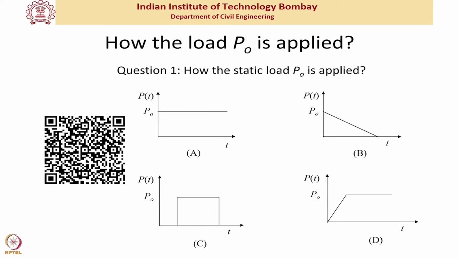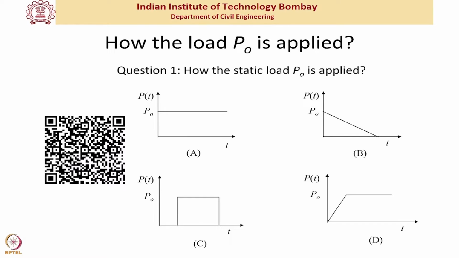You need to select one of these options. If you would like, you can scan this barcode and open up a form which would show you all the options, and then you can select the correct answer, and it would show you whether the selected answer is correct or not. Okay, so let us discuss these four options.